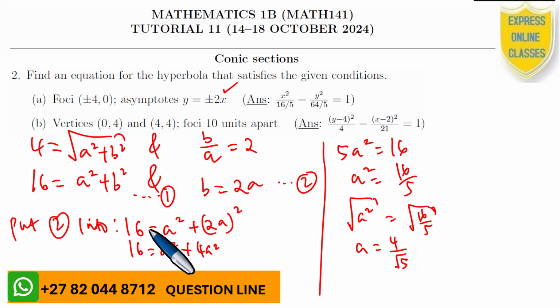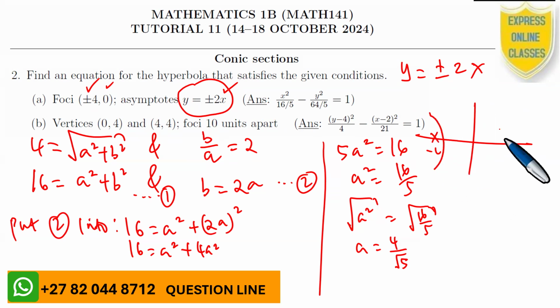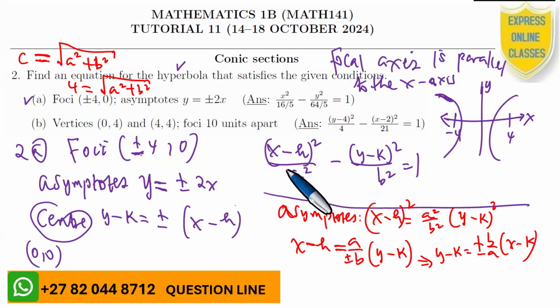So, because we have been given the asymptotes, right? If you're given y equals plus or minus 2x, and you already know that the foci are sitting here with 0, the graph is like this. Which means that x is first.